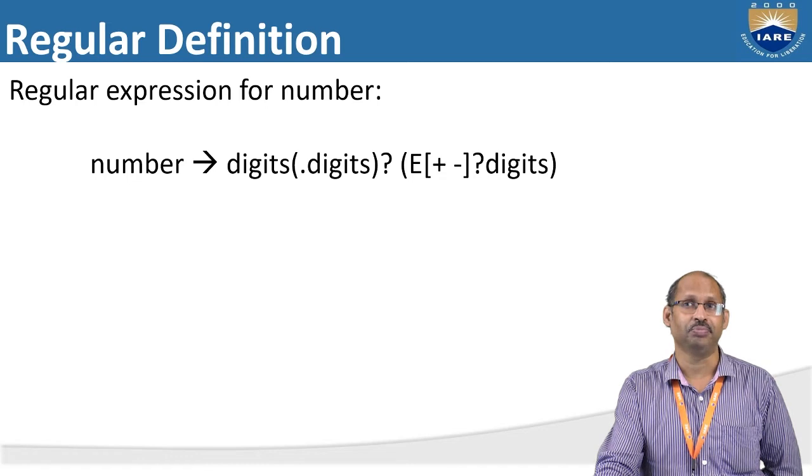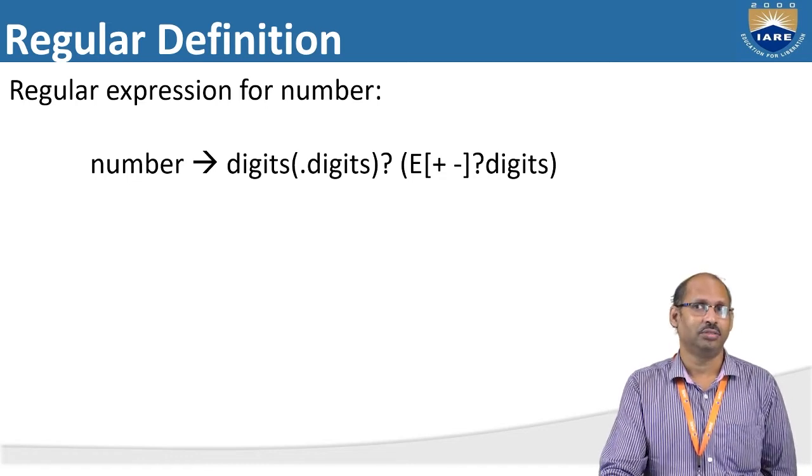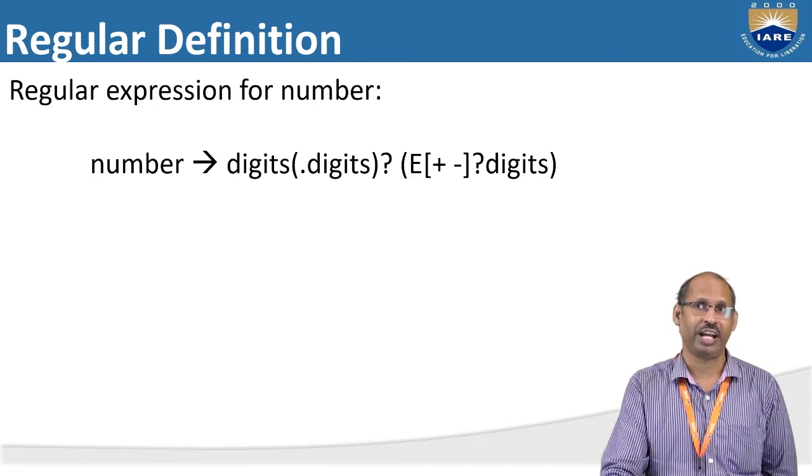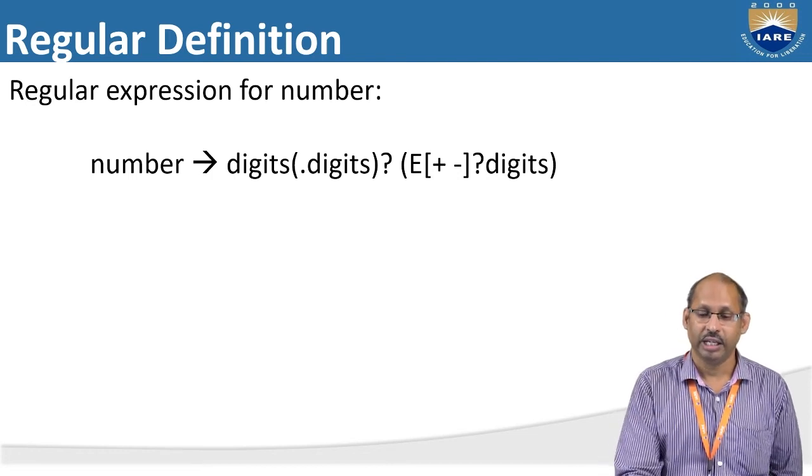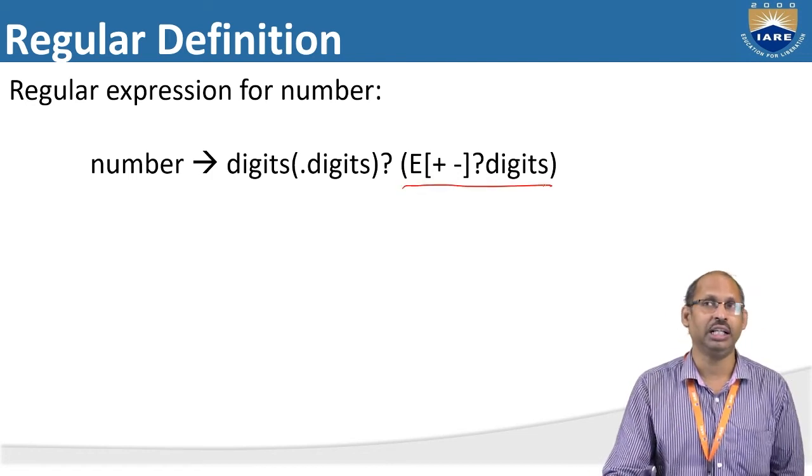Then what is a number? A number may have digits, an optional fractional part, and an optional exponent part.